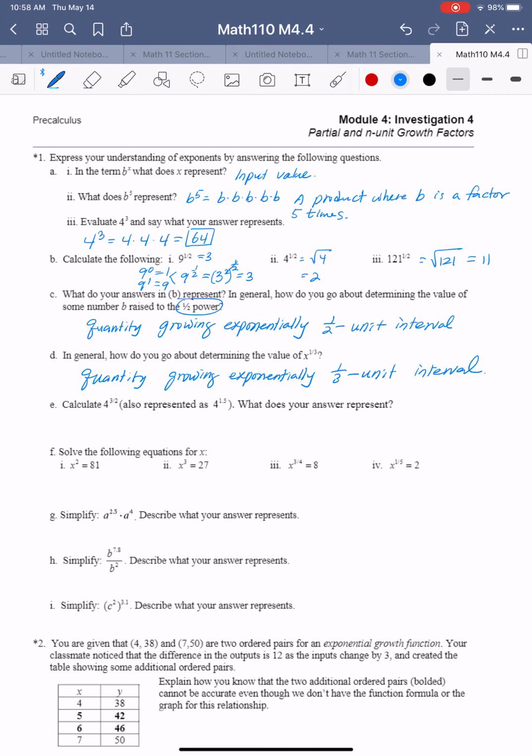So if you want to calculate 4 to the 3/2 power, which is 1.5, what does the answer represent? It's going to be the quantity growing exponentially, but this time in 1.5 unit intervals.